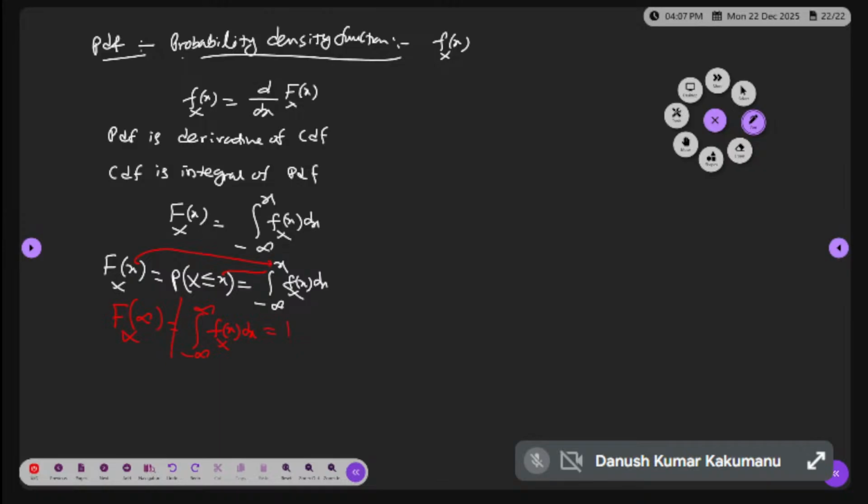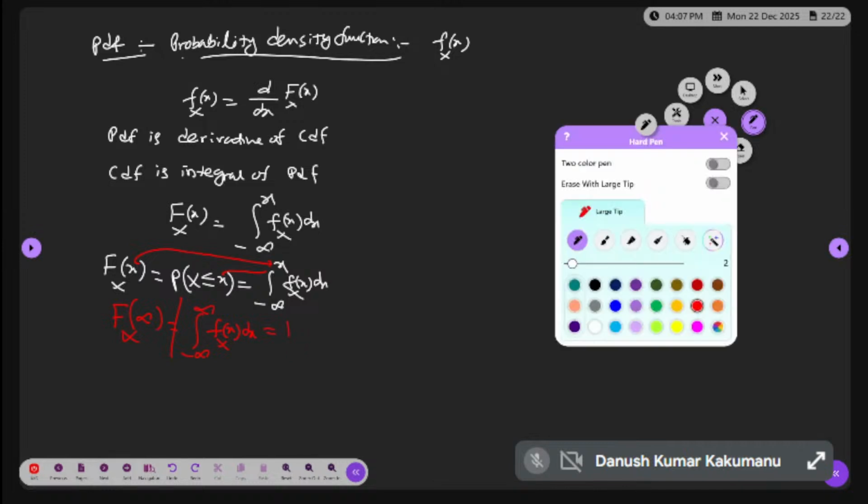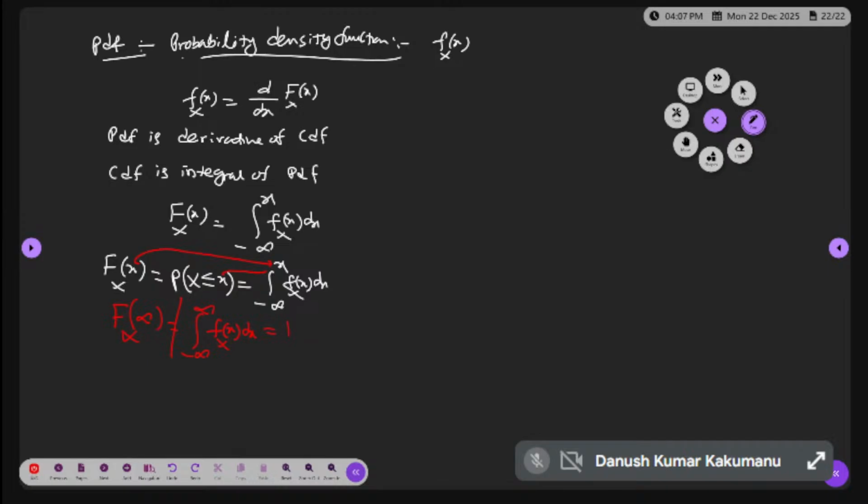This is a very important property: the area under the PDF is equal to 1. We have a lot of GATE questions from this property.